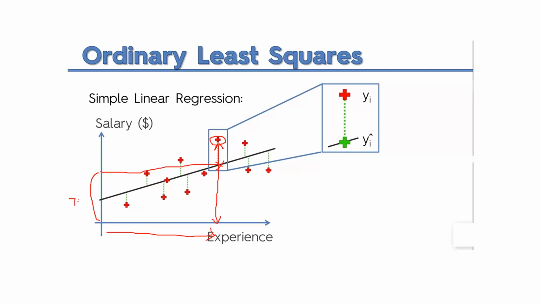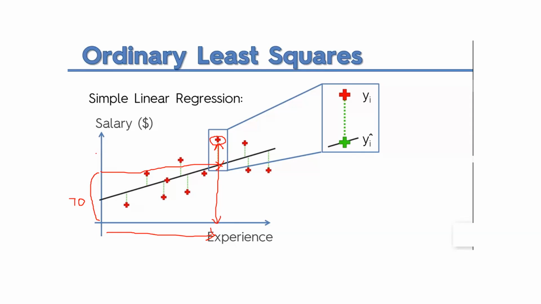So the line is suggesting that for somebody with 10 years of experience, maybe we should be paying $70,000. But the actual salary is $100,000. So the difference between both of them, $30,000, is called an error.